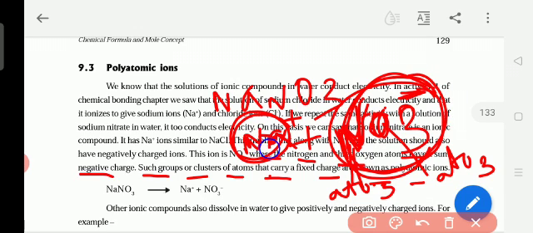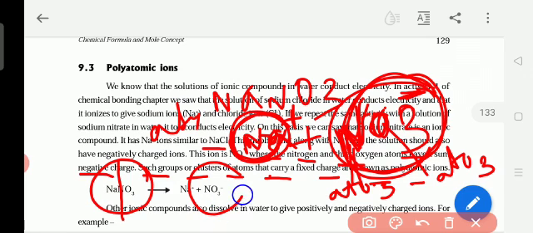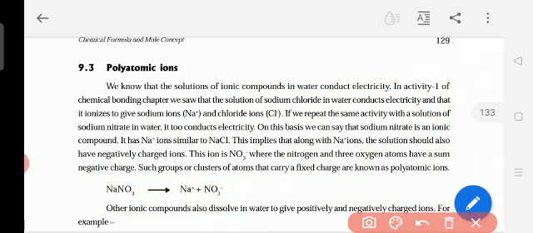But Na is only sodium, only one atom. When sodium nitrate is mixed with water to conduct electricity, sodium separates and NO3 separates. In the NO3 we have more than 2 atoms, 3 oxygens and 1 nitrogen, and sodium is 1 atom. Okay, so this is the one.